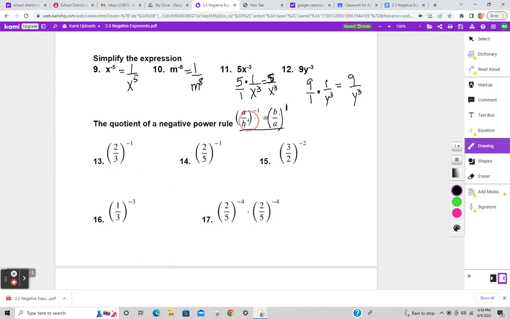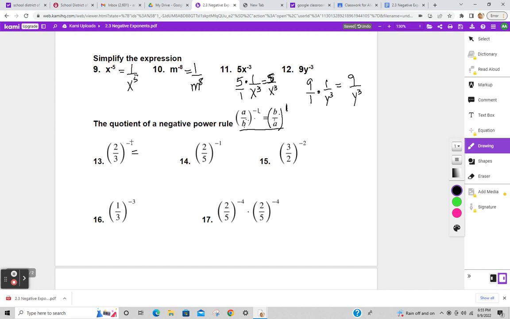These two are equivalent, but to go from this version to this version, you invert a over b, so you end up with b over a, and because you flip-flop these, the power goes from negative to positive. So flip-flop what's inside, and then change the power from negative to positive. Basically that is how you're going to simplify these next few problems.